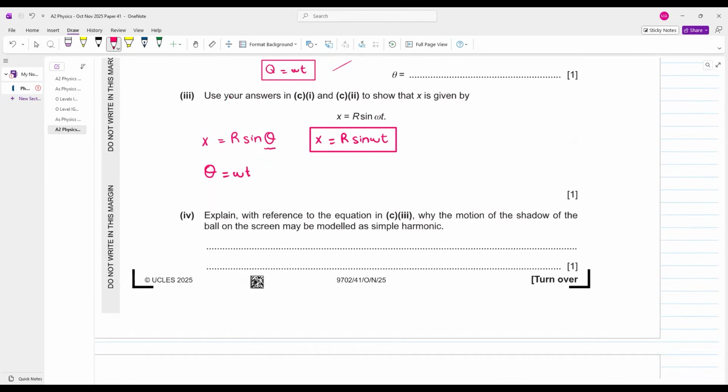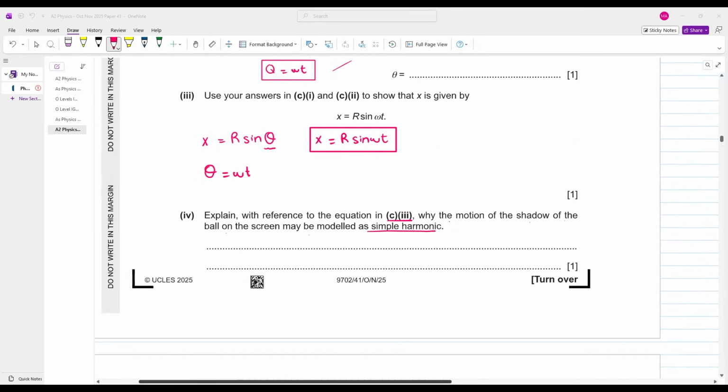Explain with reference to equation 3 why the motion of the shadow of the ball on the screen may be modeled as simple harmonic motion. Beta, we have to state why we can model the motion as simple harmonic motion.